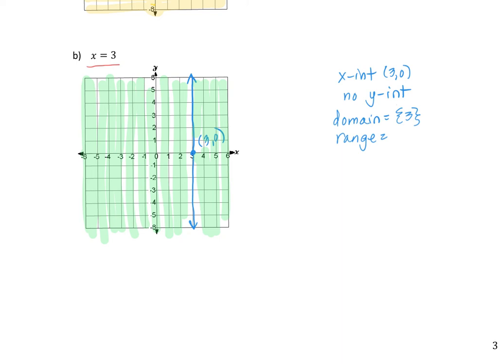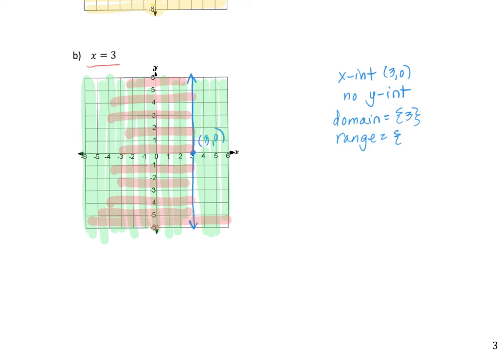Because if I look at going from the bottom to the top, and I start at some y value, and I go across, I hit the graph, hit the graph, hit the graph. So no matter what y value I pick, it's going to correspond to a point on our graph. And the range is going to simply be all real numbers.